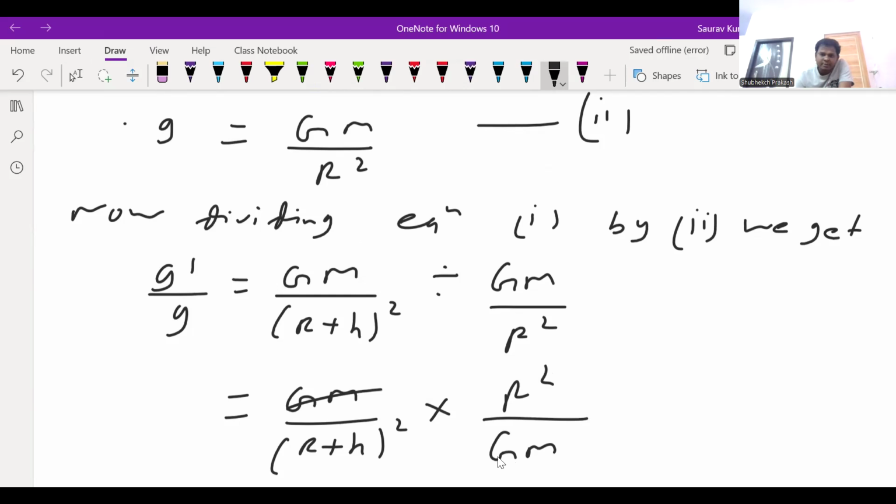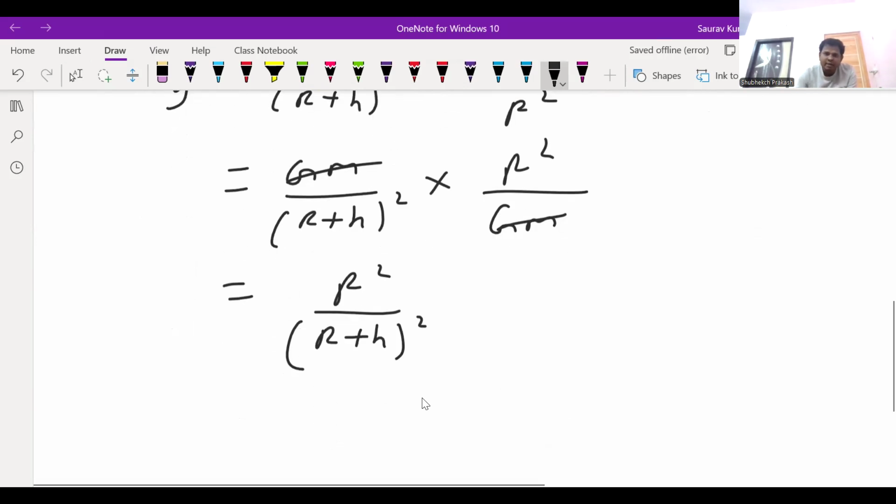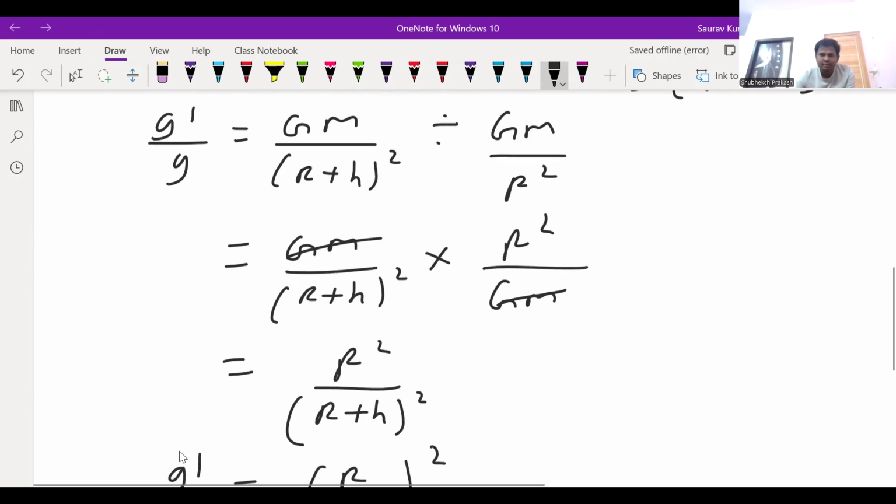This GM and this GM will be cancelled. Now, R square by R plus h whole square. Can we write this R plus h as R into 1 plus h by R whole square? So g dash by g.